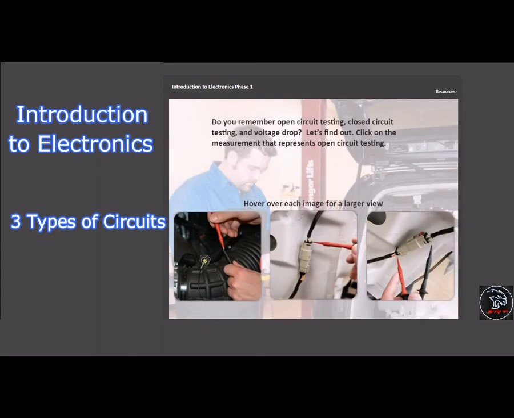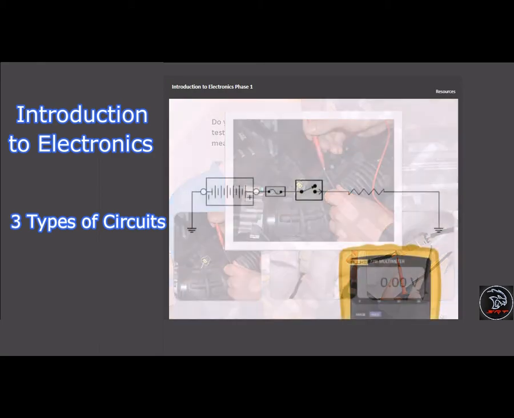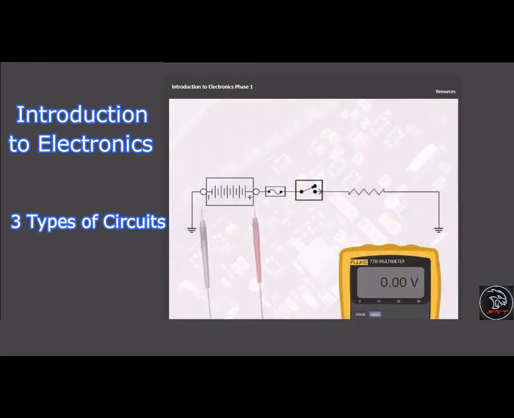Do you remember open circuit testing, closed circuit testing, and voltage drop? Let's find out. Click on the measurement that represents open circuit testing. Correct. Open circuit testing refers to measuring voltage on an open circuit.